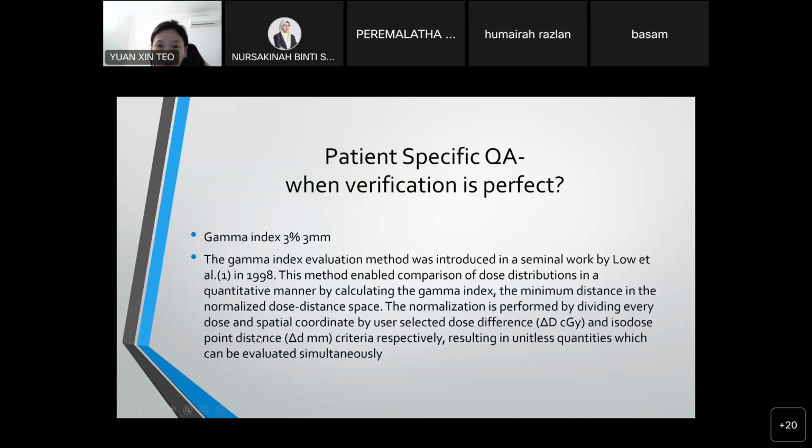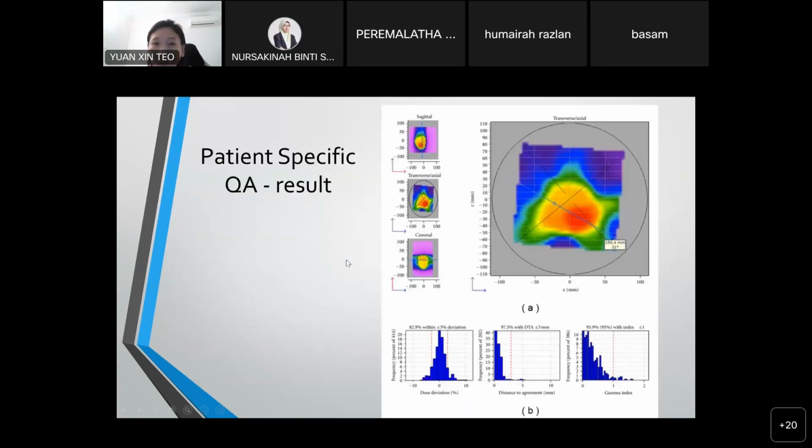Okay, for example, this is a patient-specific QA result after you shoot everything with your QA tools. By using their software, the software will give you this result, from the sagittal, transverse, or coronal plane.